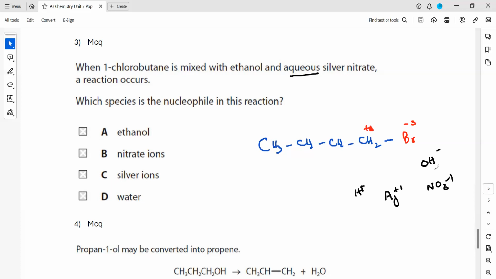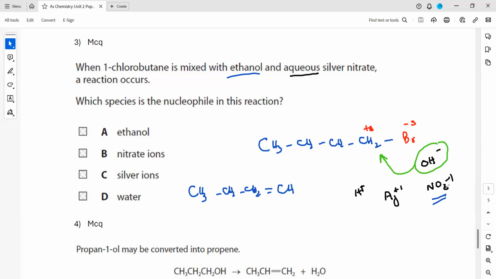So what will happen? The OH attacks this carbon, and as a result of the attack of OH, it will form CH3, CH2, and this is basically an alcoholic medium. Whenever an alcoholic medium is there, it will result in the formation of an alkene. So this will form CH3, CH2, CH2, CH, like an elimination reaction happening.